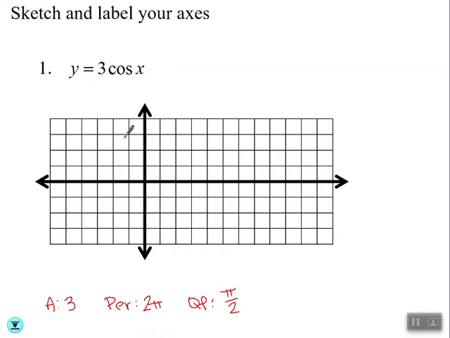Now, I'm going to label the axes the same way that I did on the previous examples, but I need to go to 3 on the y-axis, which you can see will be off this graph. The x-axis will not change in the way that I label it.